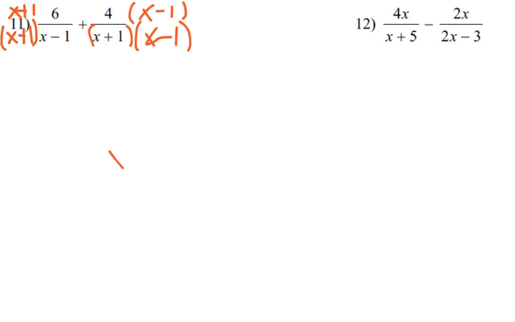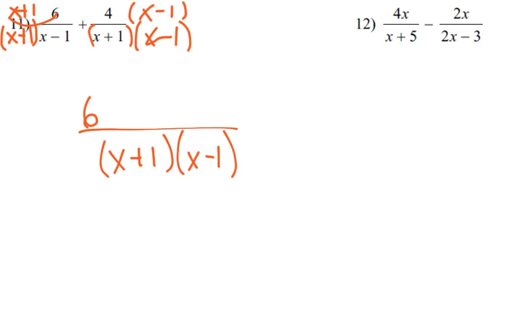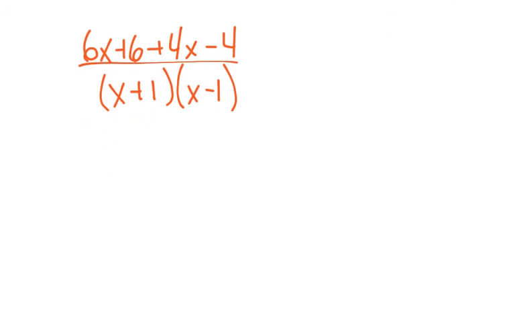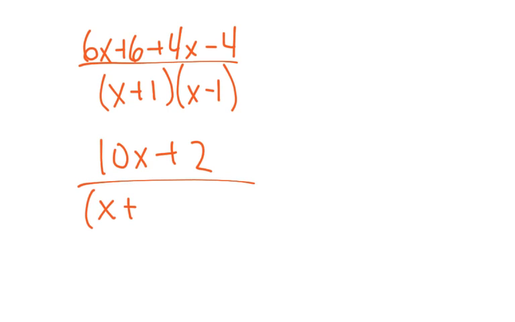So I get x plus 1 times x minus 1 as our denominator. Numerator: 6 times x plus 6 times 6 plus 4 times x minus 4 times 1. Combine like terms and we get 10x plus 2 over x plus 1 times x minus 1.